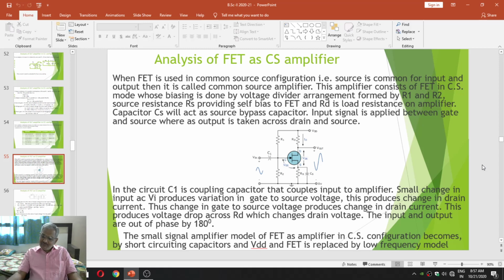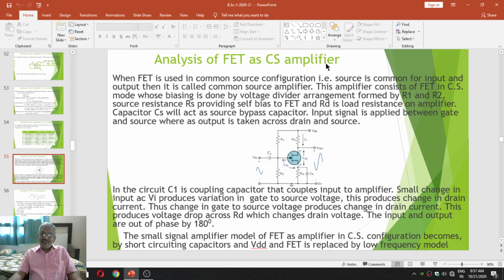Friends, today the same FET we are going to study as an amplifier, especially as a common source amplifier. So this is what we are going to study, which is known as analysis of FET as a common source amplifier.